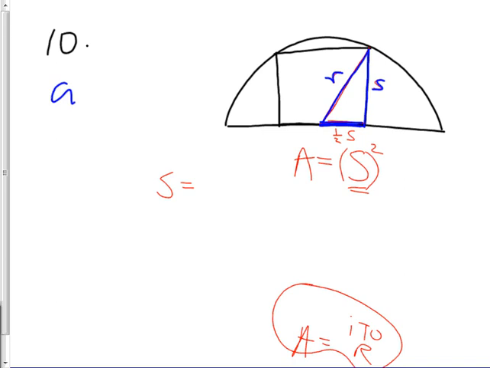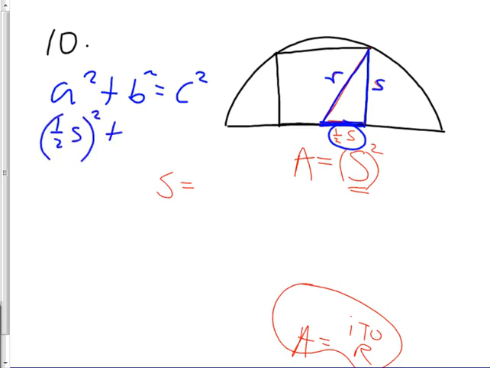I'm going to go write that down. And A is, I'm going to pick that to be A. You could have picked the other one if you wanted, but A is 1/2 S squared plus B is this one, S squared, equals C. C has to be the hypotenuse, R squared.